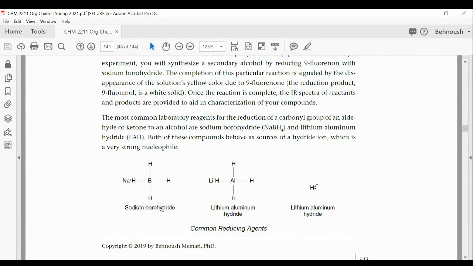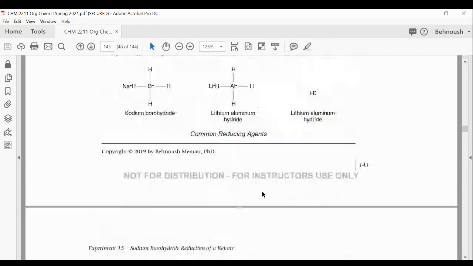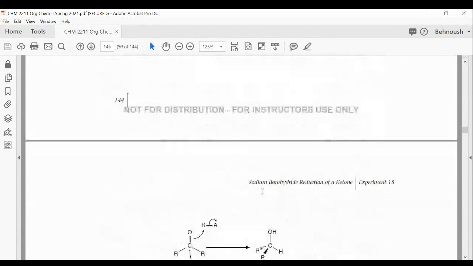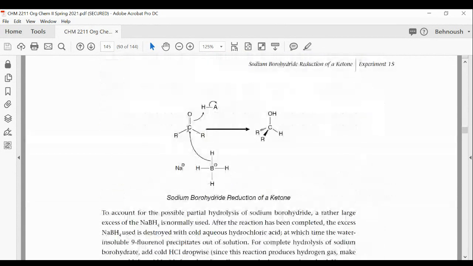So when you have sodium borohydride, the H minus is going to act as the nucleophile. With the nucleophile attacking the carbonyl group, the pi bond breaks over the oxygen.